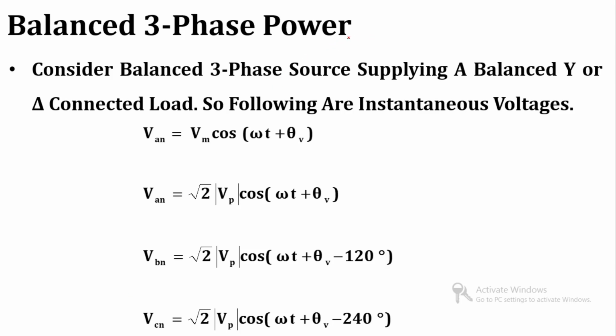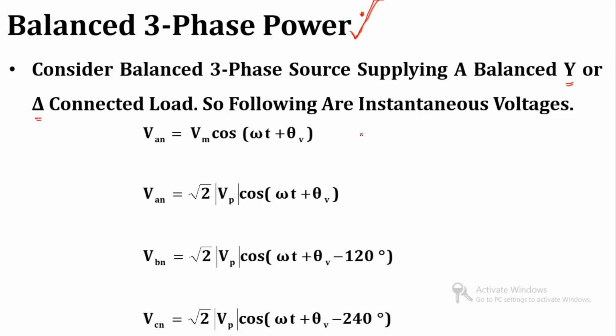Now, consider the next topic, that is the balanced three phase power. So, consider the three phase source supplying a balanced star or delta connected load. You can consider any three phase source, and over the receiving end side you can consider any three phase load either connected in star or delta.